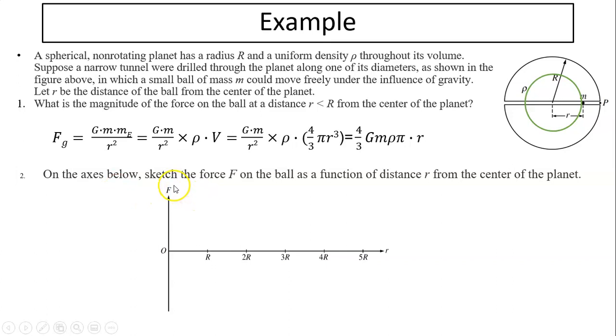Next one, on the axis below, you need to sketch the force on the ball as a function of distance r from the center of the planet. We know inside the planet, it's directly related to r. Outside is inverse squared, so it looks like this.